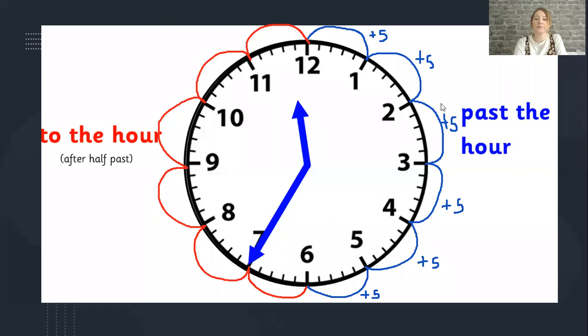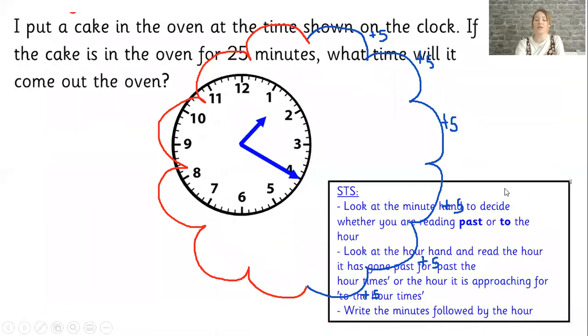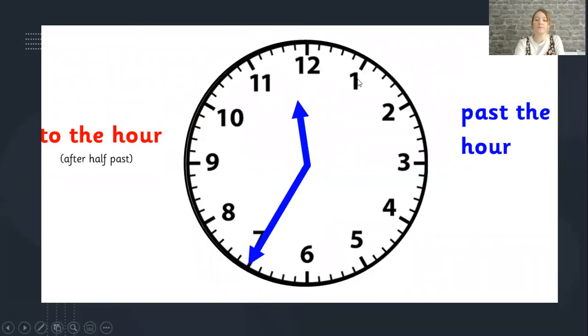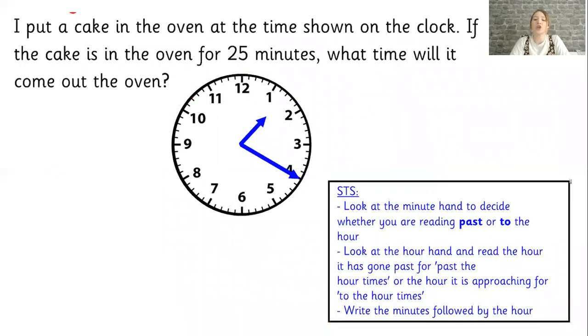I hope that helps you with being able to tell the time and how to count the time. So let's clear the screen. Our steps to success: you look at the minute hand to decide whether you are reading past or to the hour.